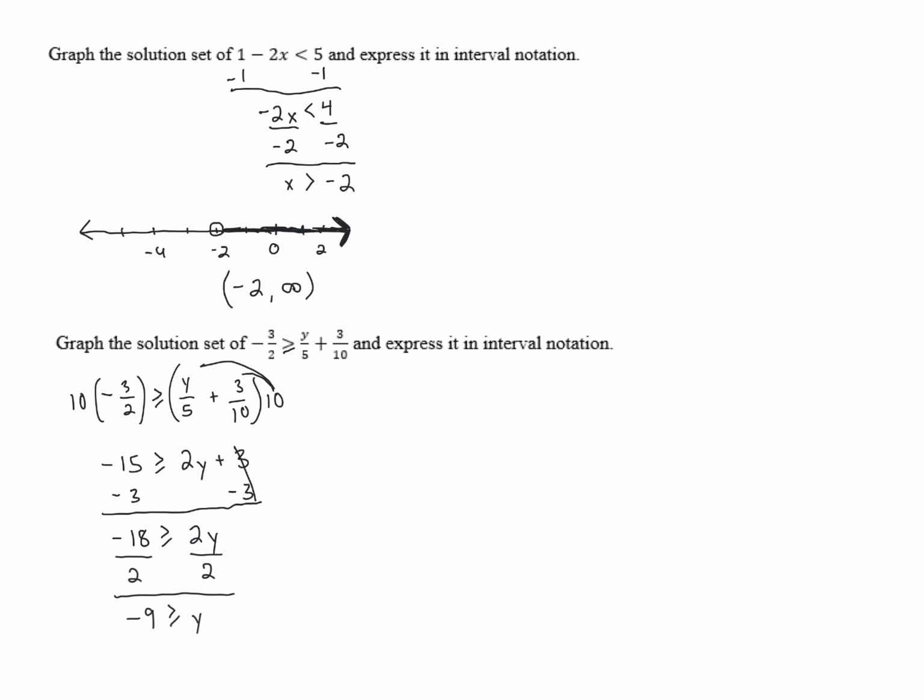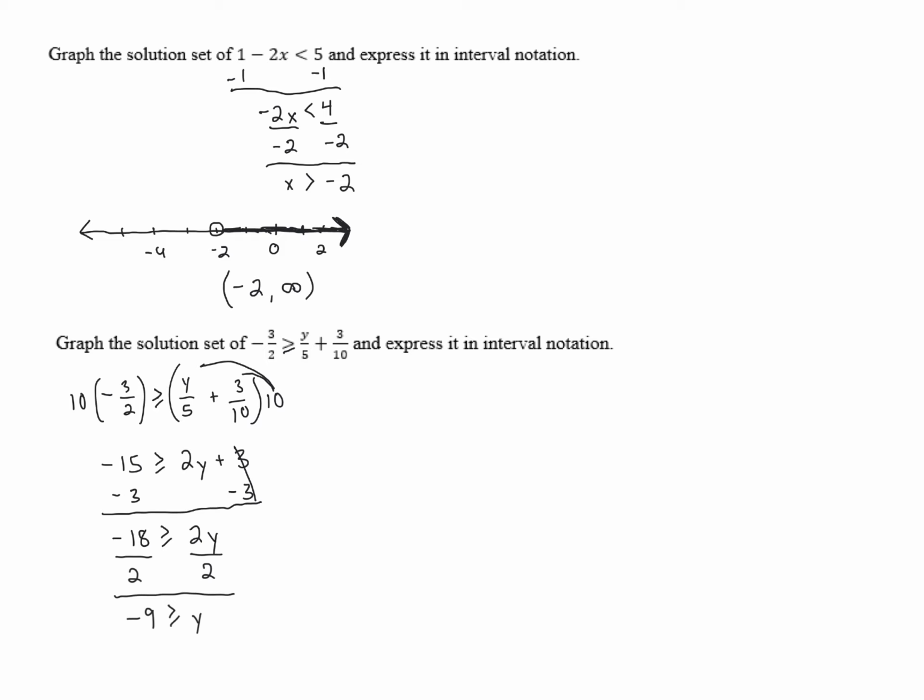At this point, there's one more thing we can do to make this easier to work with. We could flip the two sides of the inequality, since it's usually easier for our brains to process an inequality if the variable is on the left-hand side. If we do that, then we also have to flip the inequality sign.